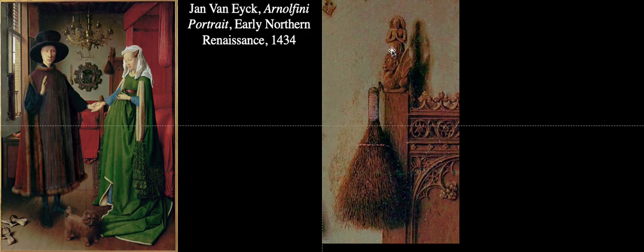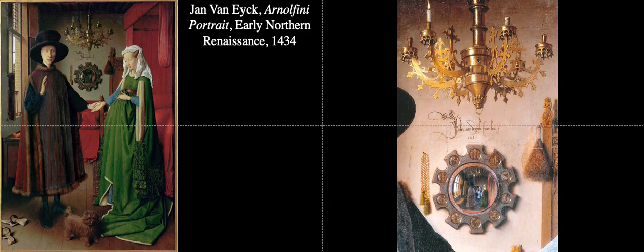This standing figure with their arms clasped there, and something around their head there. And then a wild Netherlandish mythical beastie here. On the back wall and the ceiling, we have a mirror, a chandelier with a single candle. We have some writing painted here on the wall, and we have some prayer beads.